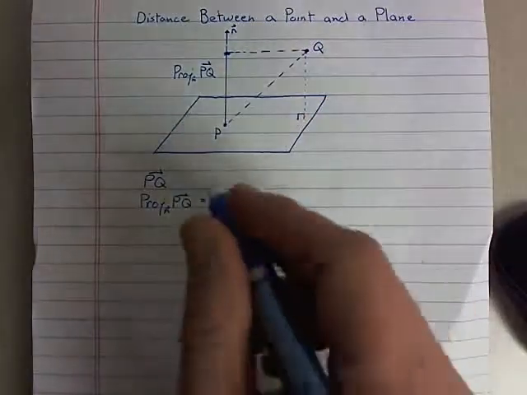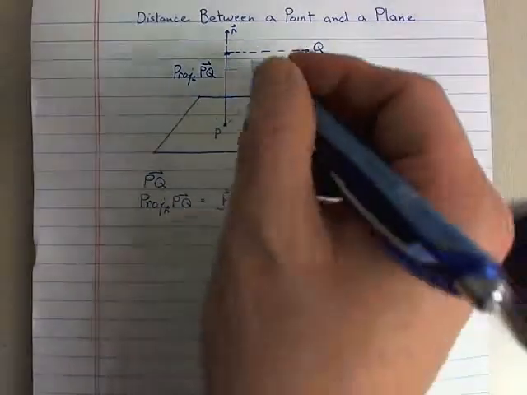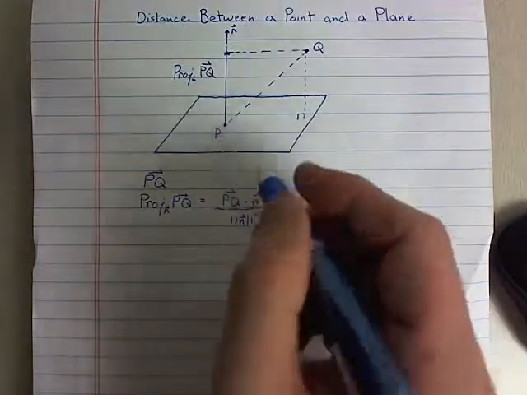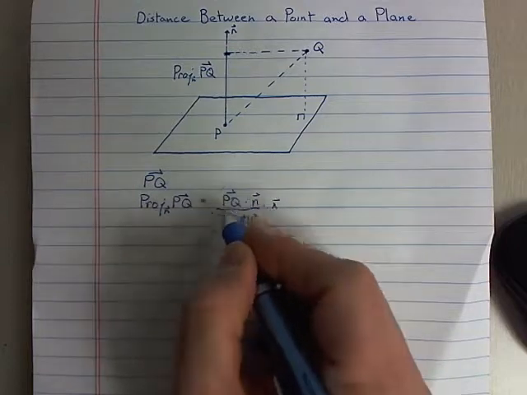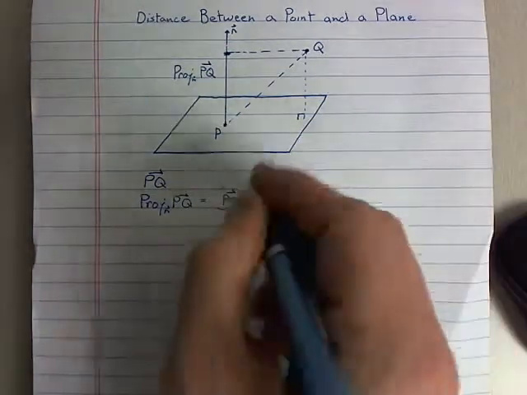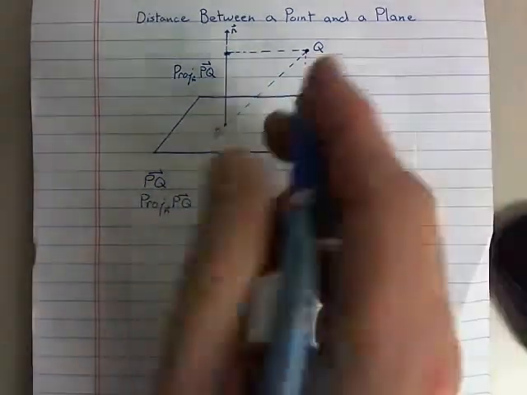So since that's the process, what we need to do to get our formula is simply determine, well, what is the magnitude of this vector? Well, the magnitude of this projection would be this, wouldn't it?